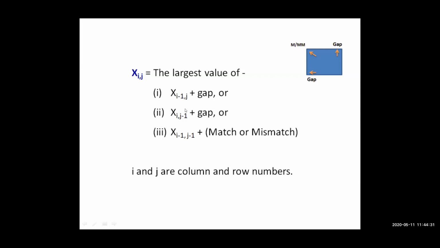So the previous row with the same column, what was the value? Plus gap. Then i minus 1, j minus 1, the previous column and previous row, the diagonal cell. What is the score? Plus the score of match or mismatch. So this is the real equation which is followed. The same equation will also be followed in the Smith-Waterman algorithm. There is no difference.